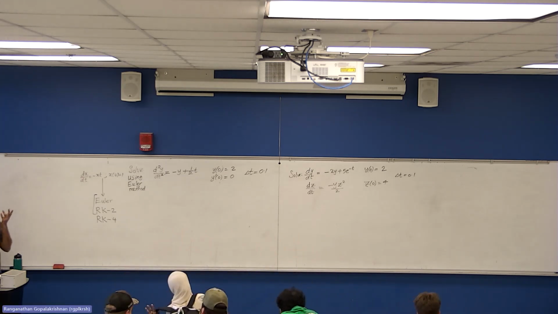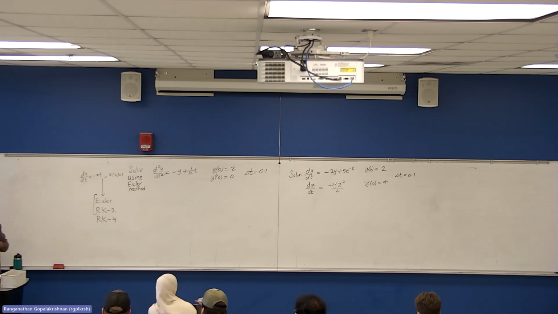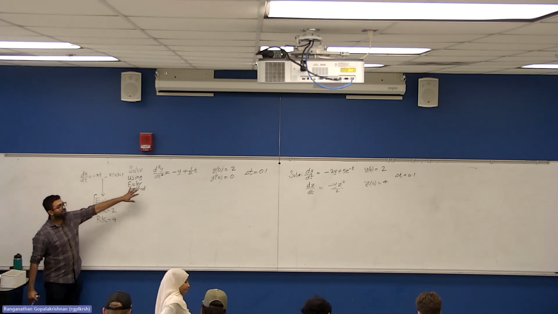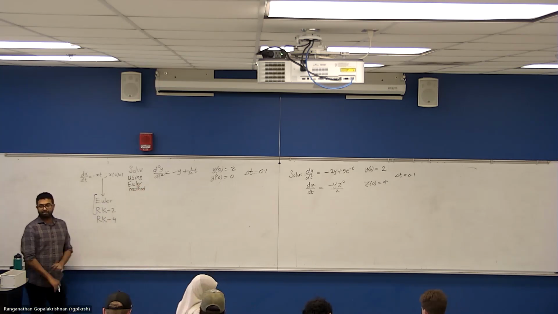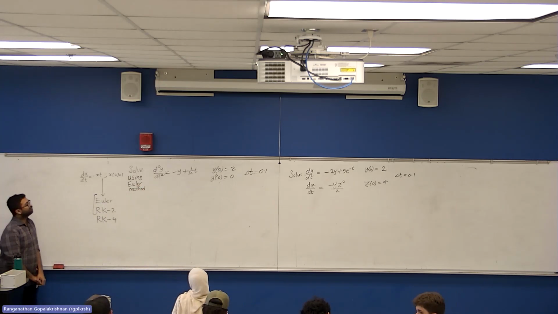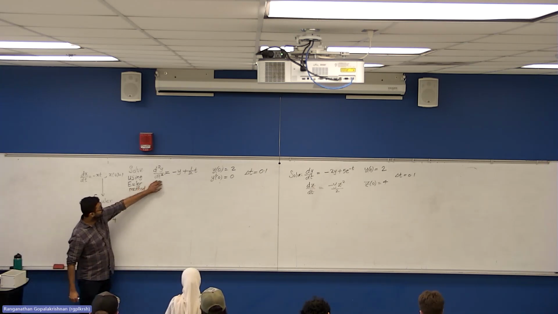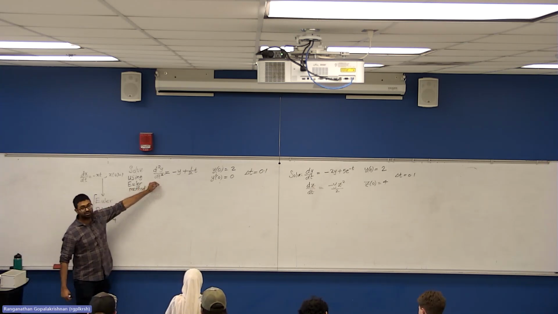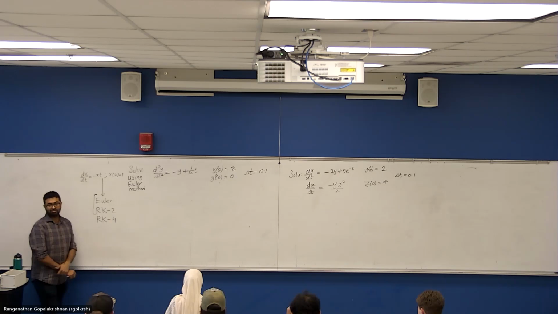Any thoughts? Anyone wants to say what we should do to apply what we know to a problem that we don't know yet? What can we do to reduce this second order equation to a first order equation?